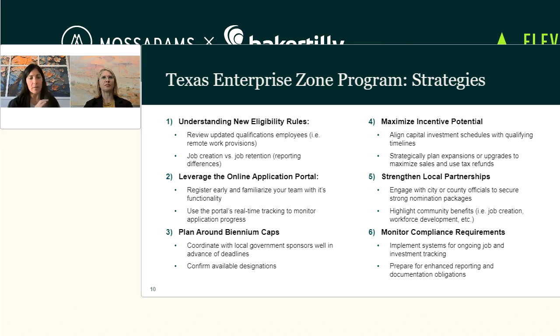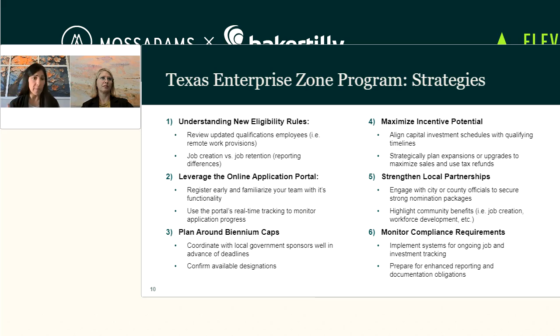First, I want to emphasize the importance of understanding the qualifications for the employees. Also understand the remote working provisions. I say that because when you enter into the program and you complete your job certification, you want to understand if your systems have the capability to track remote workers versus on-site and transportation.